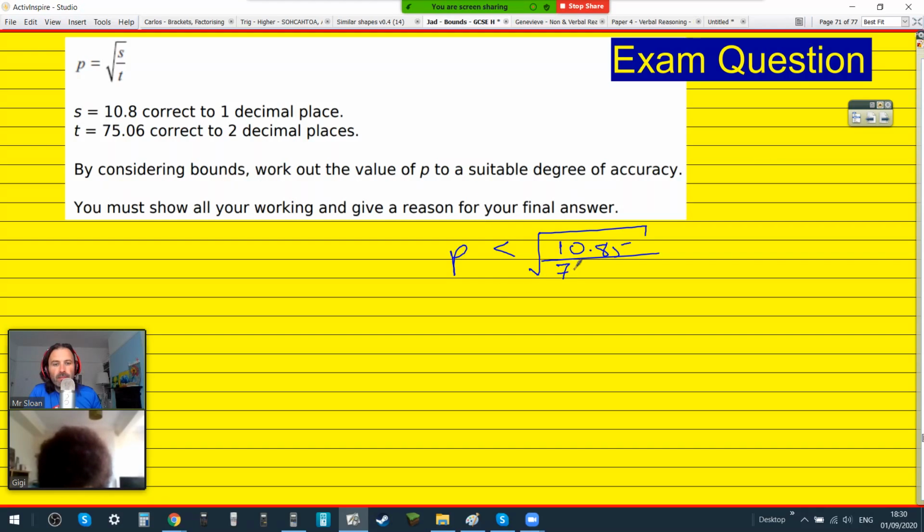Yeah. 0.38 is the upper bound. What would it be to, let's say, 5 decimal places? 0.38021. Okay. And lower bound. All right.